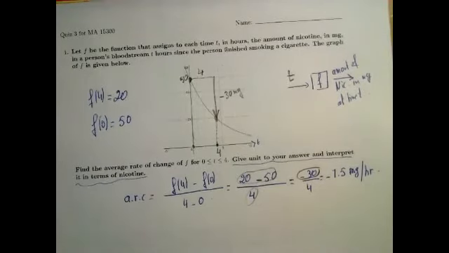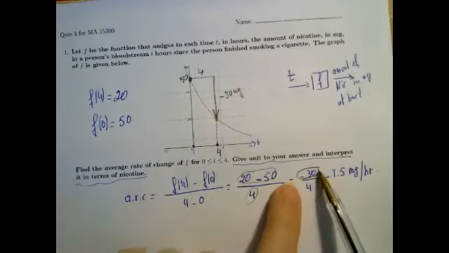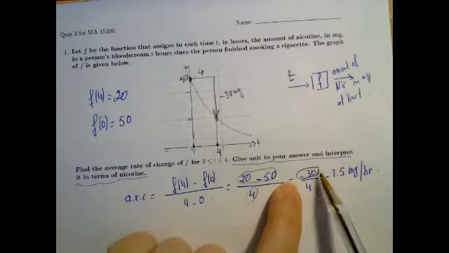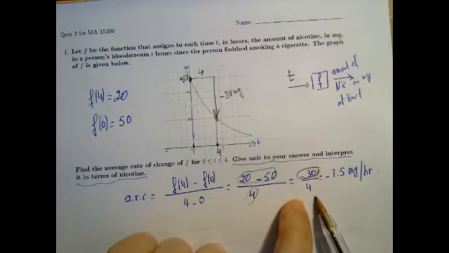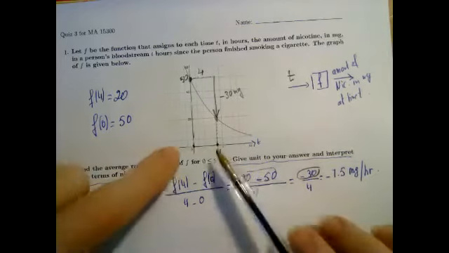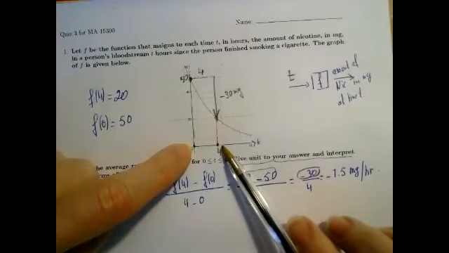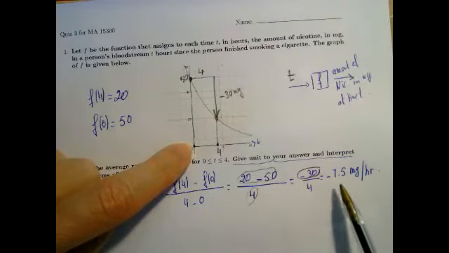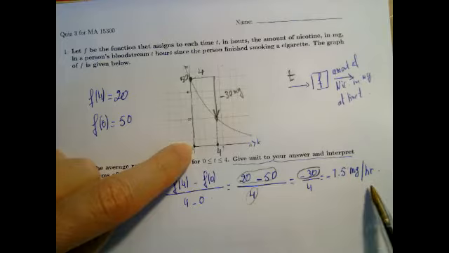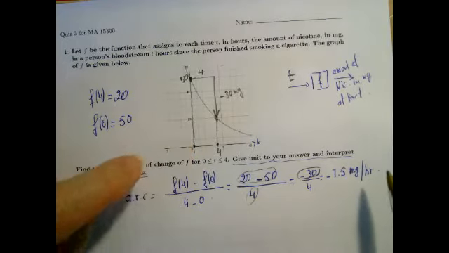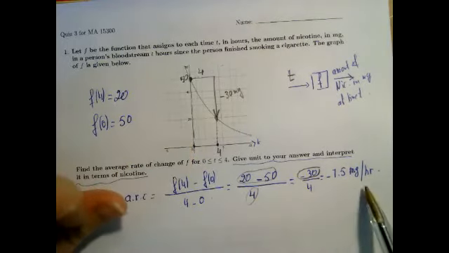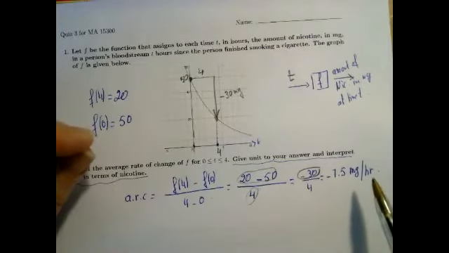You tell me 60 miles per hour, how fast you are moving. Average rate is how fast the amount of nicotine on average was dropping with respect to time. And it's telling you that between time equal to 0, so for the first 4 hours, it was dropping at the rate of 7.5 milligrams per hour. Doesn't mean exactly every hour is that much. That's how much it's averaging.